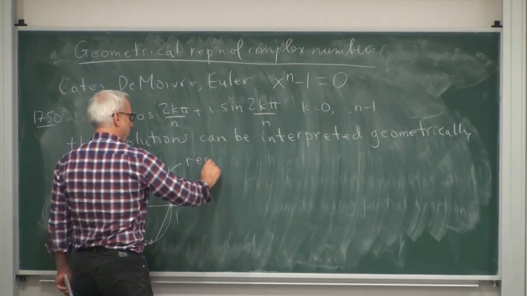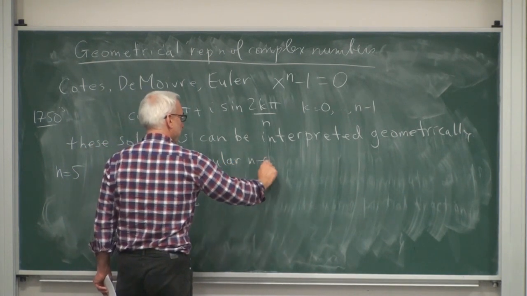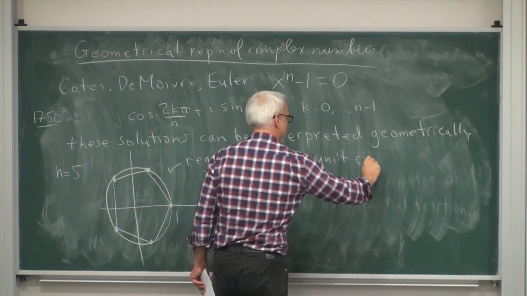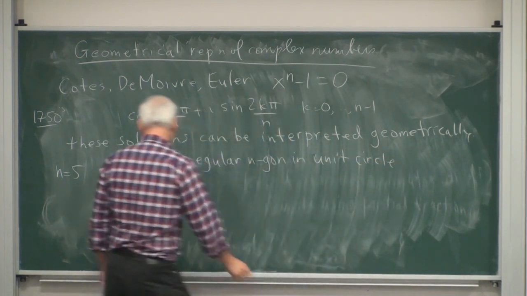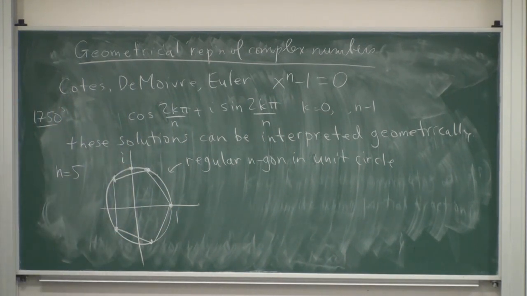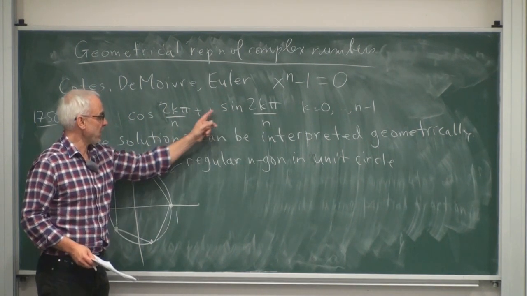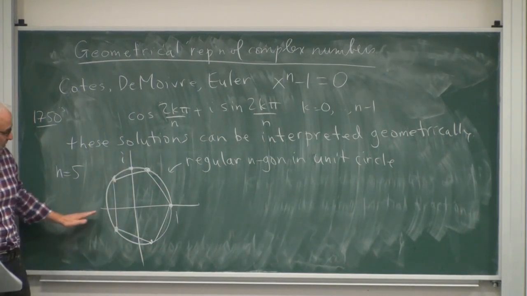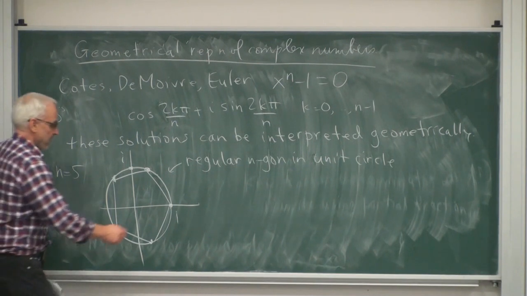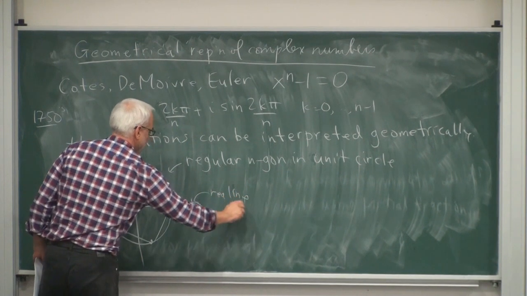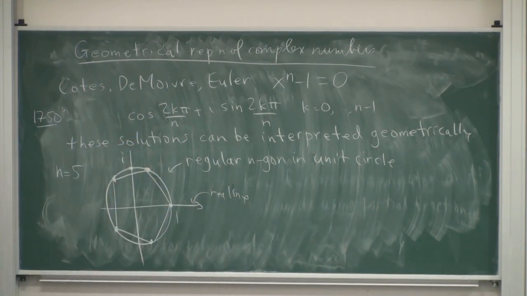So we have a regular n-gon in the unit circle. In a plane where one axis is labeled by 1 and the other axis is labeled by i. Because we're just getting cosine and sine, but we have to interpret that i as a vertical direction in a different direction from the real number line. So here's the ordinary real line, and here's some new imaginary line.